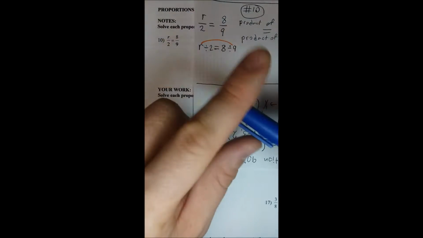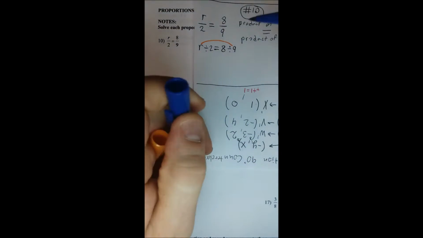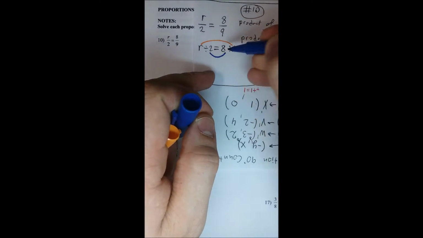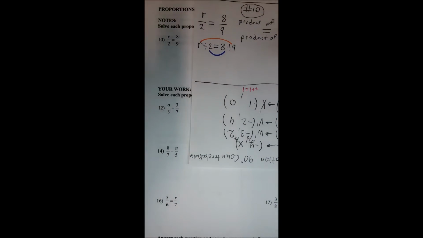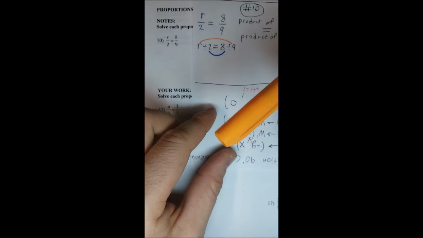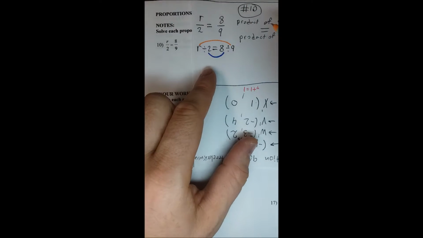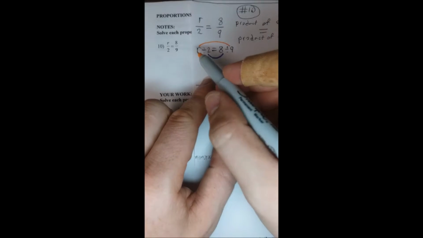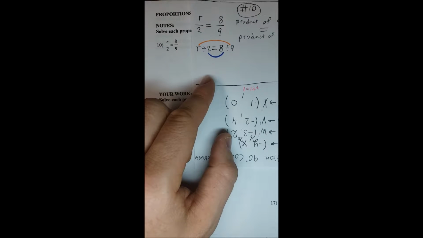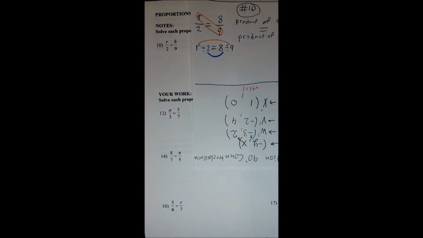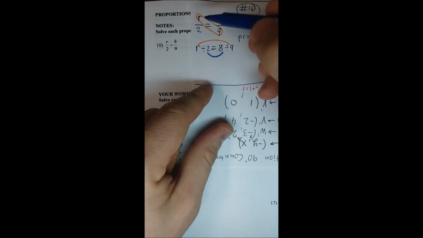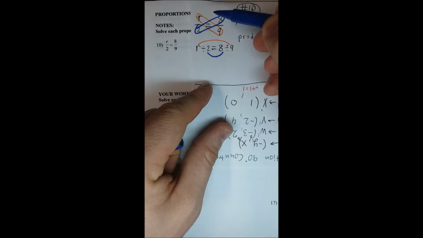It's going to be essentially the same thing as 2 times 8. This is a property that was discovered many years ago, and I don't want to go into proof of that. So we're just going to take it as a proper rule. So you can kind of go like this, the cross method. So it's r times 9 is the same thing as 2 times 8.